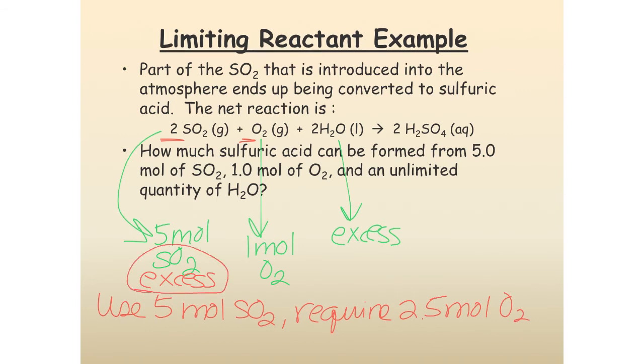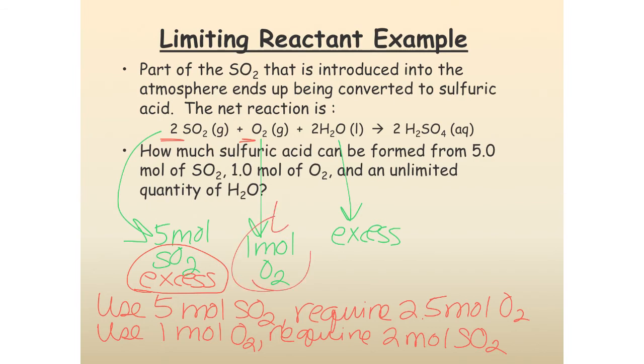But I always like to double check my work. So then I kind of reverse this. If I'm going to use 1 mole of O2, that would require 2 moles of SO2. Again, because of the mole ratio. And I do have that, so I am good.